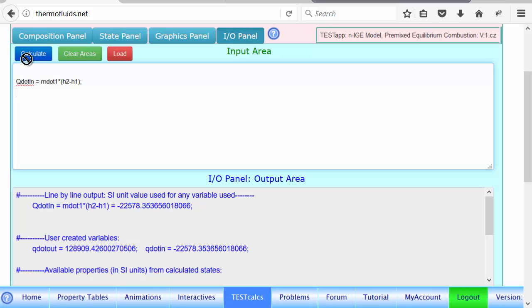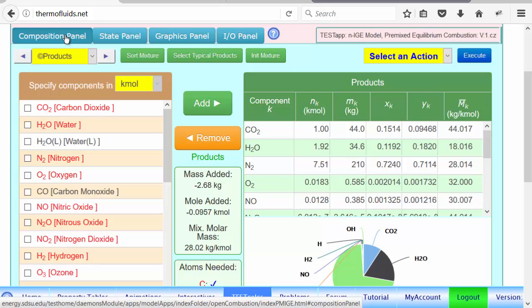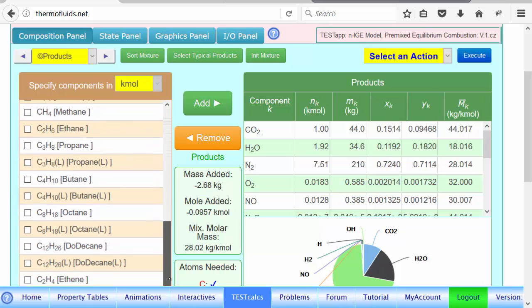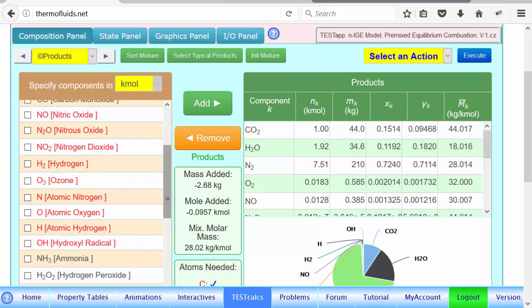If we calculate here, you'll notice that it's not at all adiabatic now. There's a large amount of heat transfer, a negative Q dot in, which means heat would be lost. So this is the way we can carry on different scenarios to explore the possible products after combustion. By including enough species and then eliminating them one by one, we can figure out which species are most important in influencing the flame temperature, which are the dominant species.